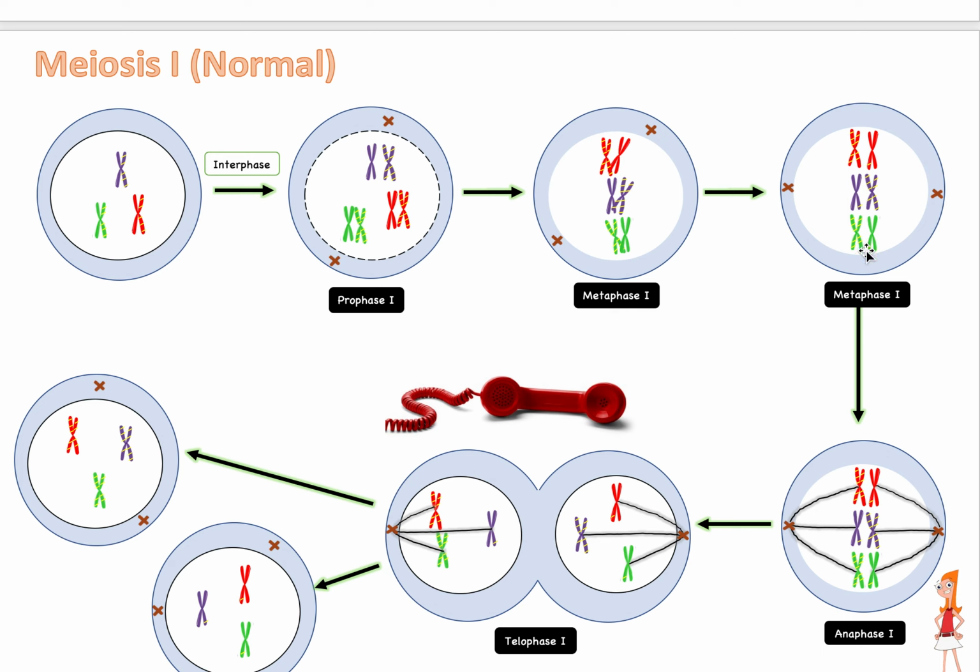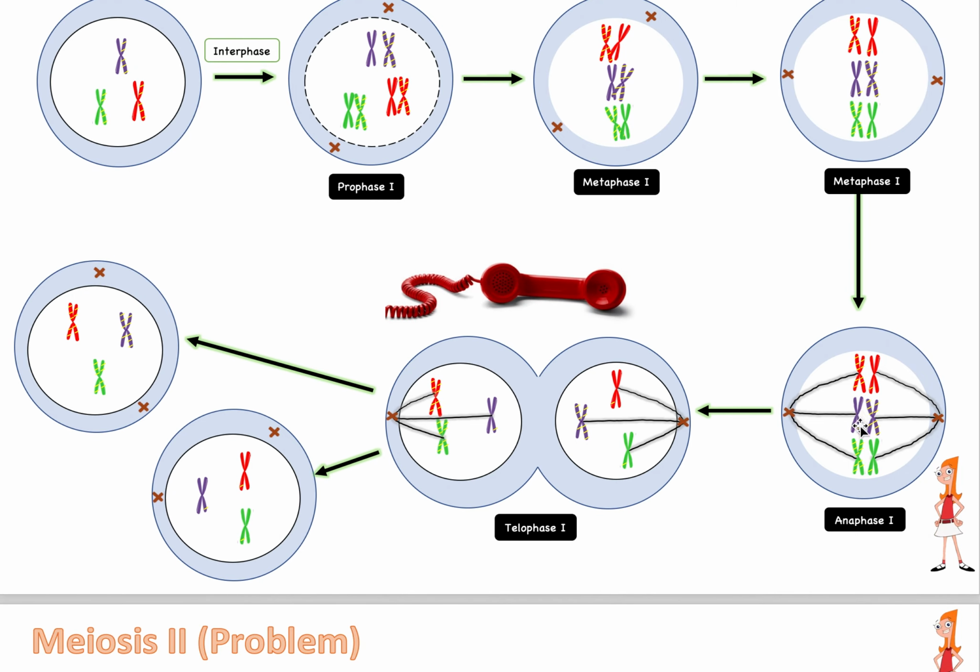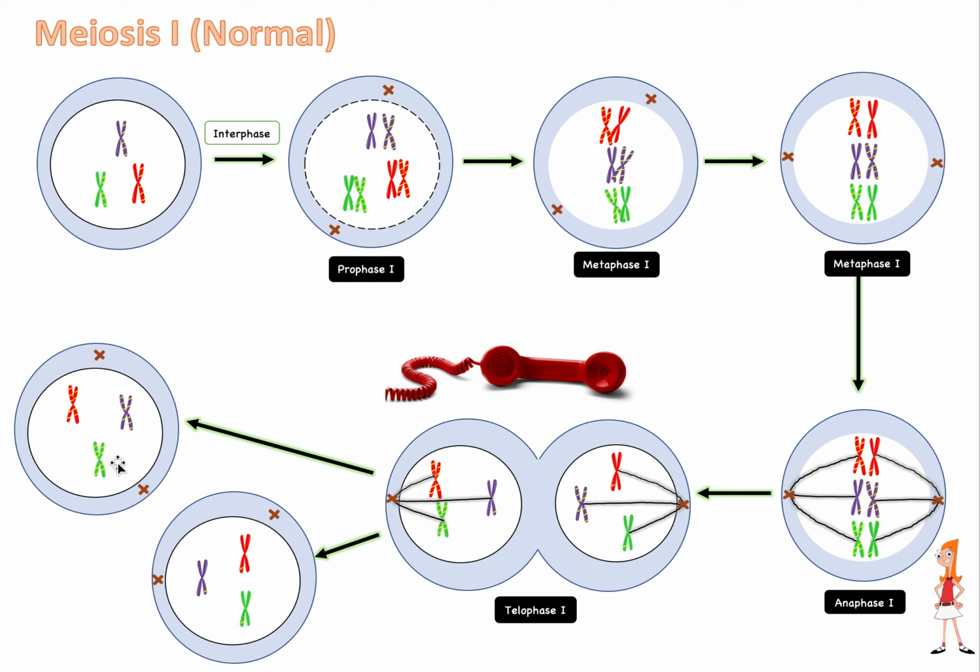And then we get to anaphase, in which the DNA is pulled apart. So one pair will go into the one cell, and the other pair will go into the other cell, just like this picture shows here. And then you will form, after meiosis 1, two cells that have a normal amount of chromosomes, but the chromosomes are mixed up.